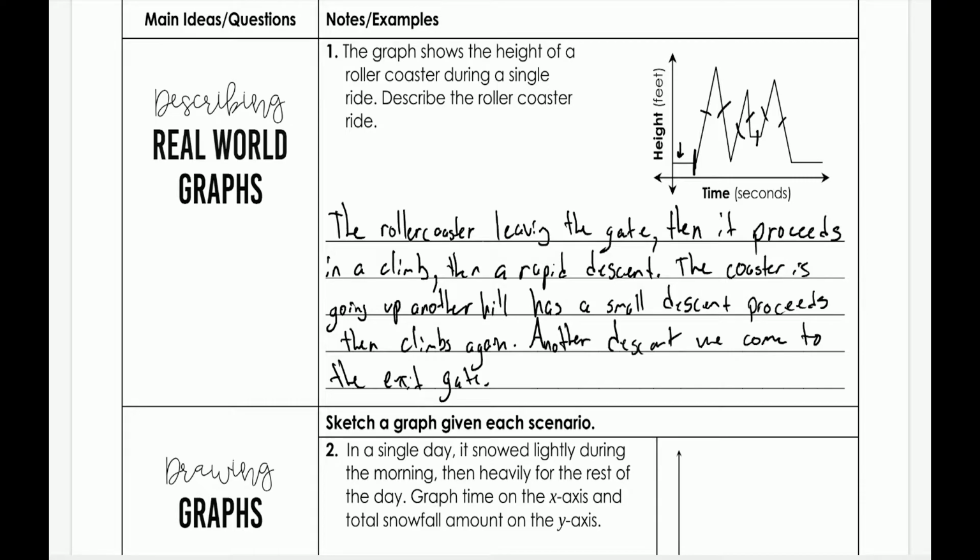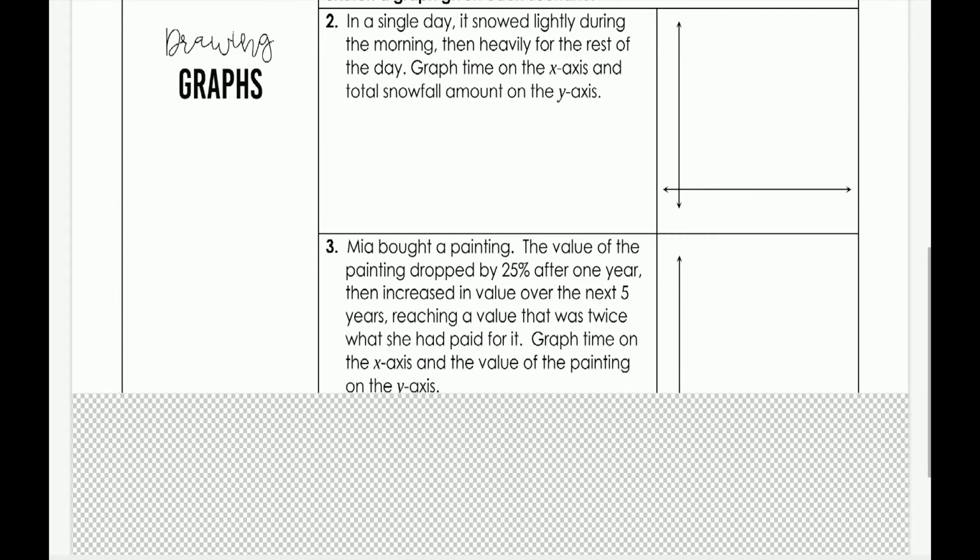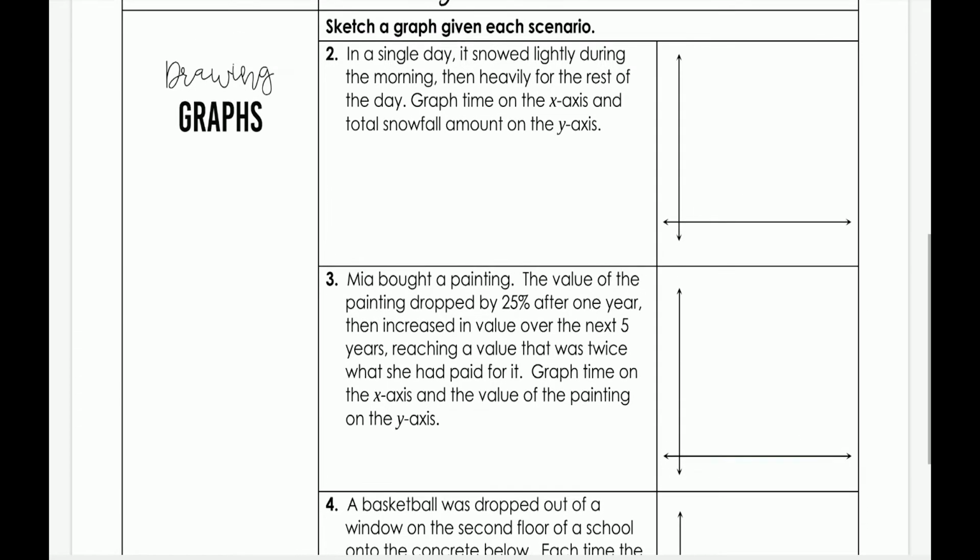Another thing that we could be doing, if you look at number 2, we're going to be sketching a graph. This doesn't have to be very accurate, but we do have to discuss what could actually be happening, and we have to understand in our head what's going on. So let's read number 2. In a single day, it snowed lightly during the morning, then heavily for the rest of the day.